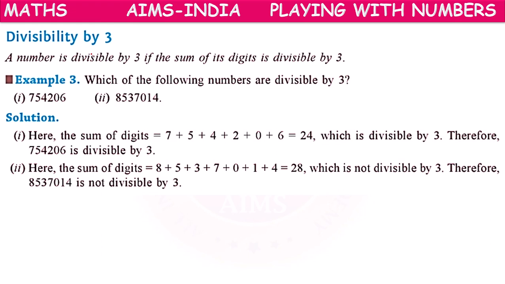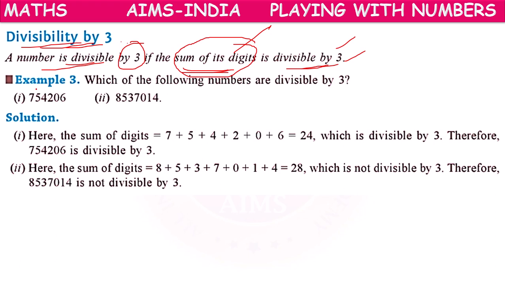Next, divisibility by 3. A number is divisible by 3 if the sum of its digits is divisible by 3. Suppose here is one example: which of the following numbers are divisible by 3? What we have to do is find the sum of all the digits: 7, 5, 4, 2, 0, 6.